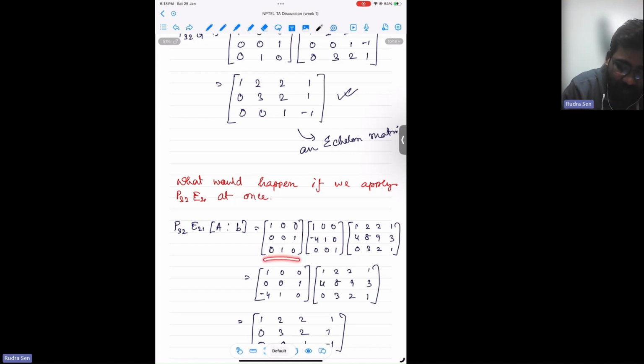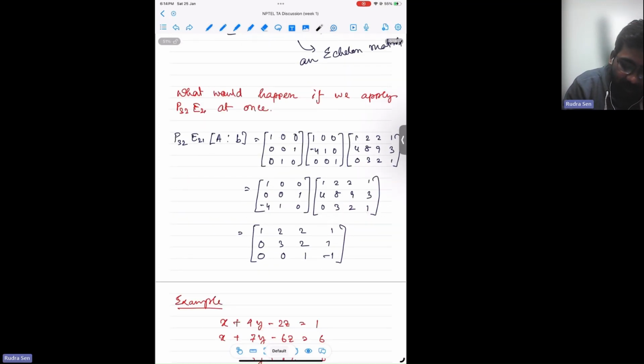P32 first changes the rows of E21, and you can see that row 3 and row 2 have been exchanged in E21. Then this changed E21 is multiplied with A, and you will get the same result. Both give the same result, whether you apply them at once or one after another.